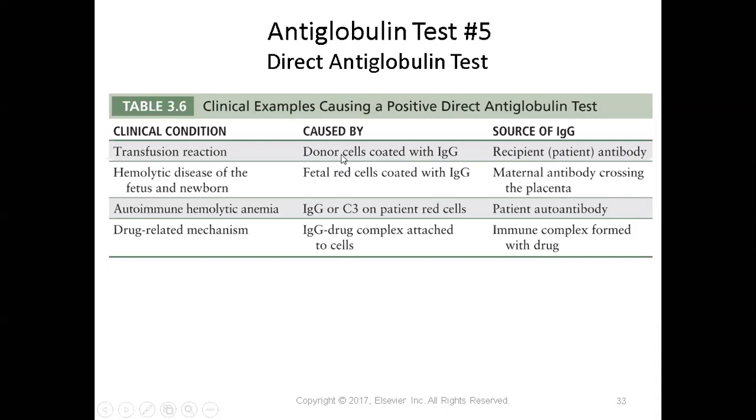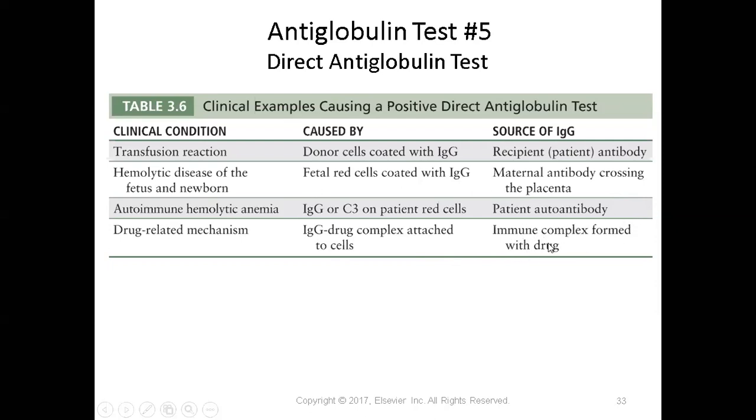It could be due to autoimmune hemolytic anemia. Okay, and so the patient has an autoantibody, an antibody directed against self, and so there could be IgG or complement on the patient's red cells in this case. Or last, a drug-related mechanism. Certain medications in certain people can cause immune complexes to form with that drug.